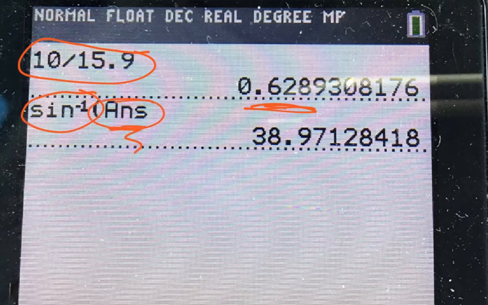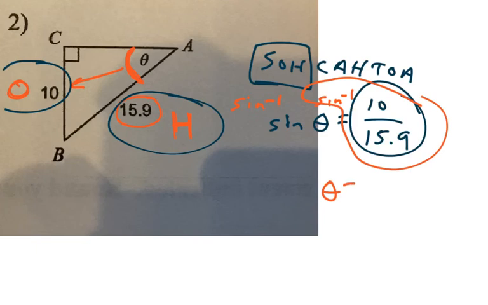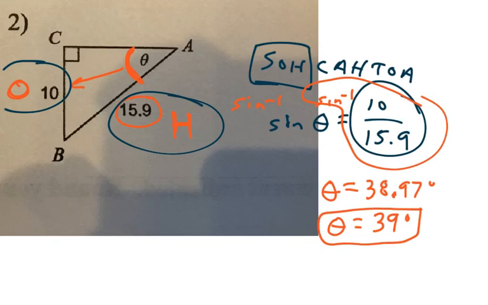By the way, start using that answer button, guys. Get used to using it. It does save you time and a lot of hassle of typing in numbers. Here's our result, 38.97. So we know theta is 38.97 degrees. If we round off to the nearest degree, that would be 39 degrees.